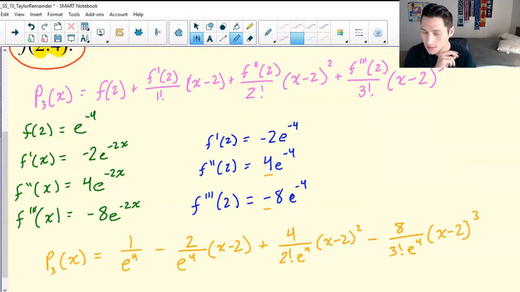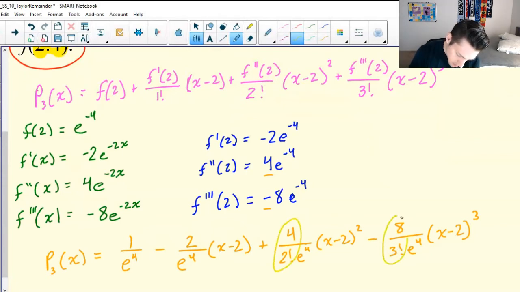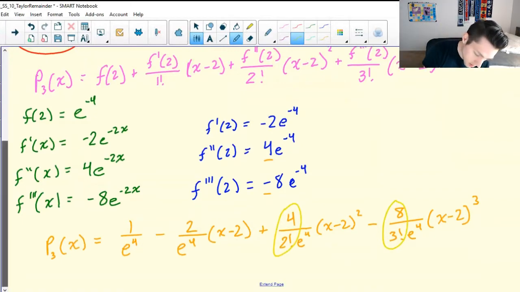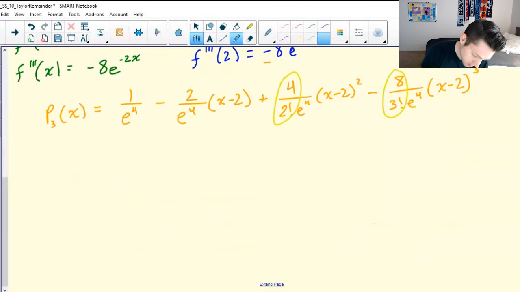We can go ahead and simplify these a little bit. 4 over 2 factorial and 8 over 3 factorial, I can simplify those a tad bit. These first two terms I'm just going to leave as is.